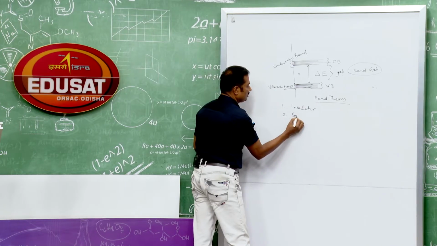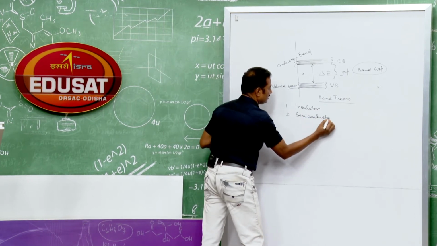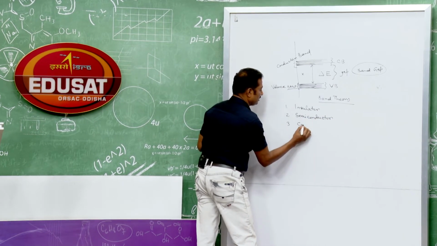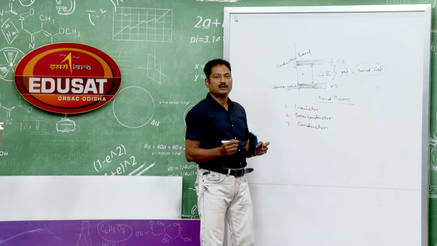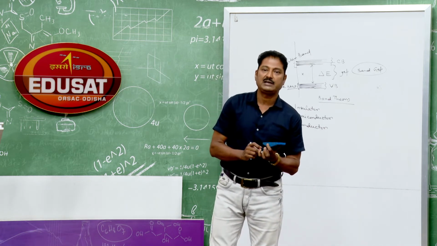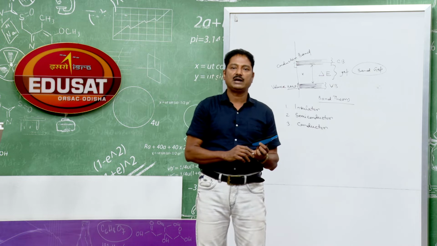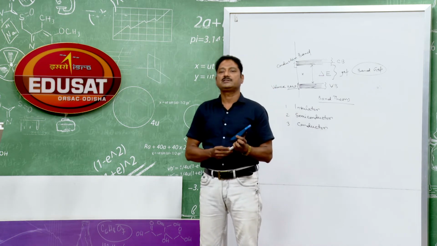Two, semiconductor. Three, conductor. On the basis of band theory, you can group the material into these three categories: one is insulator, another is semiconductor, another is conductor.